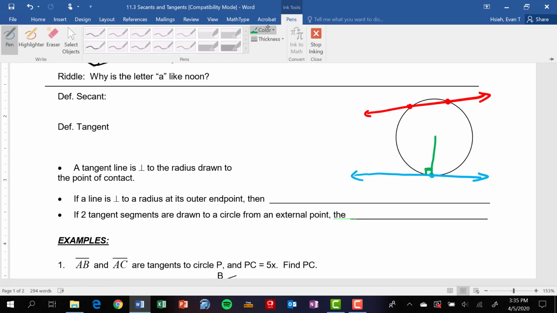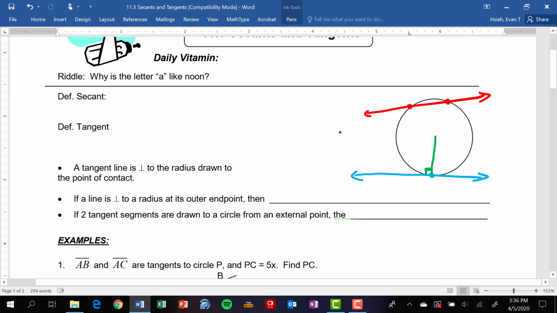And also, what we're going to find is that from an external point, if I pick a point out here and I draw two tangents, here's one tangent, here's another tangent, and I connect two radii to where it's tangent, it's going to be right angles here, and I connect from that external point to the center of the circle, a line segment. Well, you can see there's two triangles here. The radii are congruent to each other.